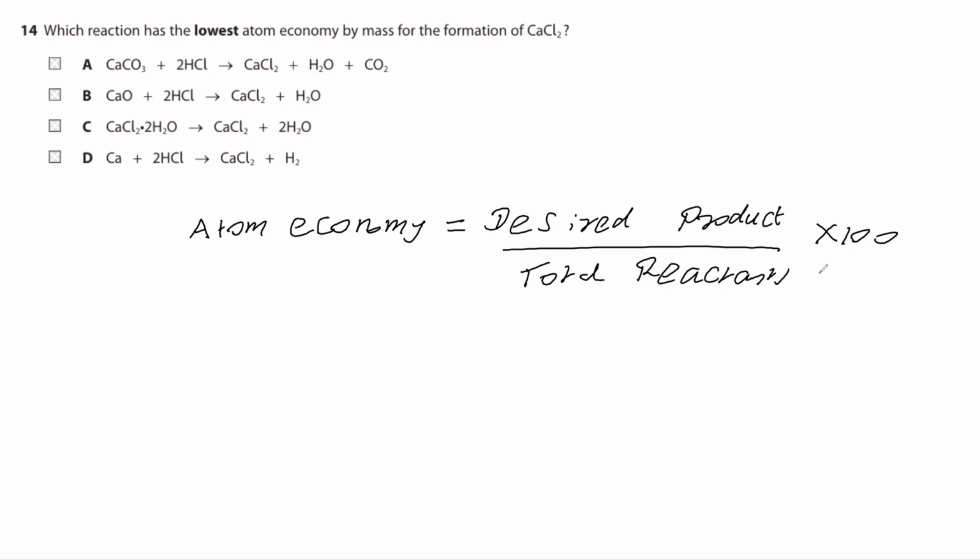Now you can see we have the desired product and the total amount of reactants. Let's say you are under pressure and want to finish this question as soon as possible. To get that product, as a percentage, how much amount of atoms do you have to spend?